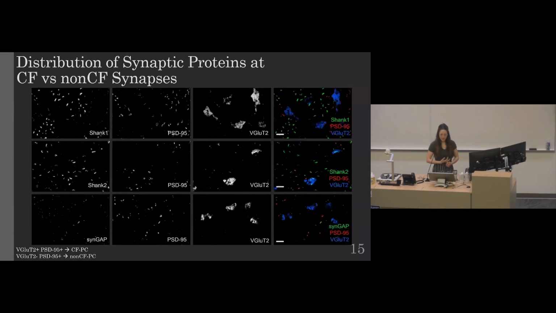In the first panel, we can see that SHANK1 is localized more to the non-climbing fiber synapses and at very low levels at climbing fiber synapses. SHANK1 is not really seen at very many climbing fiber synapses. And we can see the opposite pattern with SHANK2, where SHANK2 is highly expressed at those climbing fiber synapses and expressed at less of the non-climbing fiber synapses. SYNGAP shows a very low expression, but similar to SHANK1 is not really localized to those climbing fiber to Purkinje cell synapses.